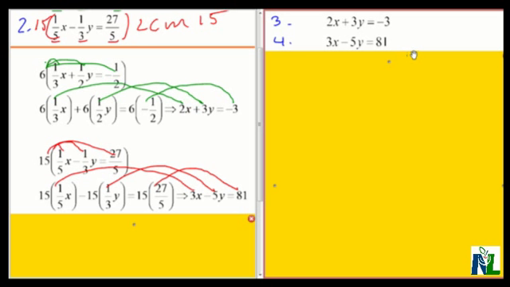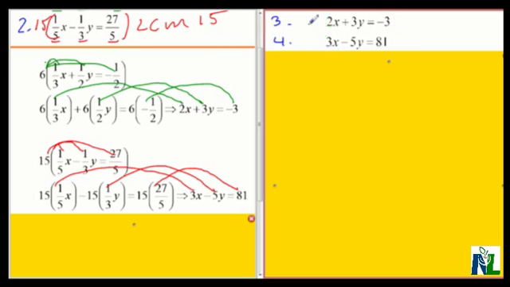Now, I can either eliminate the x terms or the y terms. If I were to eliminate the y terms, I'd multiply equation 3 by 5 and equation 4 by 3, because in this way, I'd get a 15y piece here and a negative 15y piece here. And therefore, if I were to add the resulting equivalent equations, the y terms would be eliminated. However, in this case, I'm actually going to eliminate the x terms.